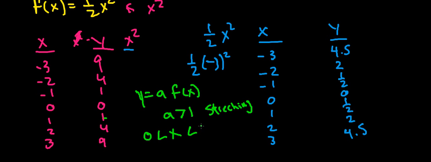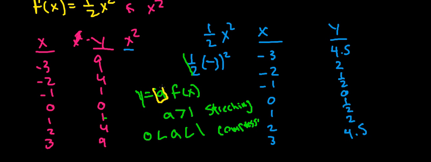But if a is a fraction, that's what this means. If a is greater than 0 but less than 1, that means it's a fraction. If it's a fraction, it's going to compress. This is compression. So that's an easy way to tell that it's going to be vertical compression.